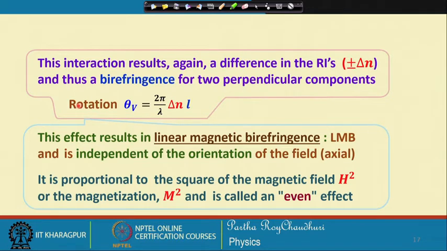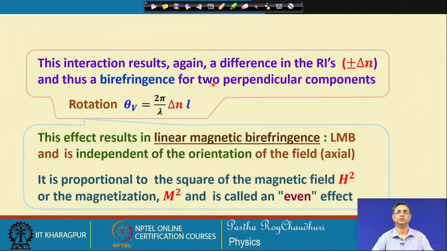Thus, a birefringence of the two perpendicular components will be observed. This will lead to a rotation of the plane of polarization, theta v, which will be equal to k0, twice pi upon lambda, delta n, and is proportional to the length of the medium in which the optical beam interacts with the magnetic field.